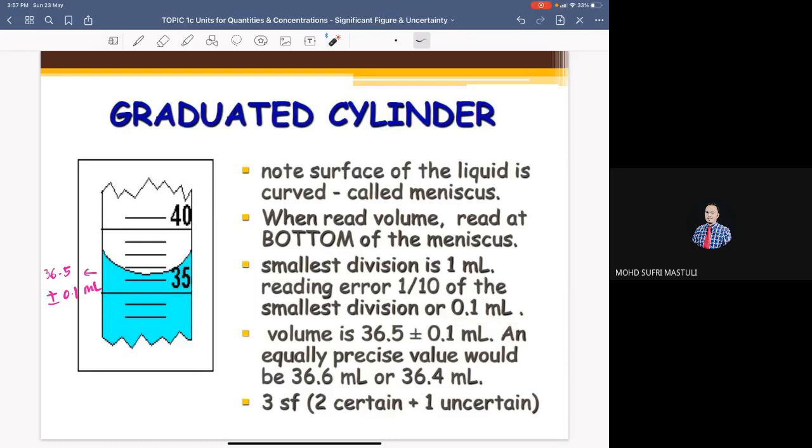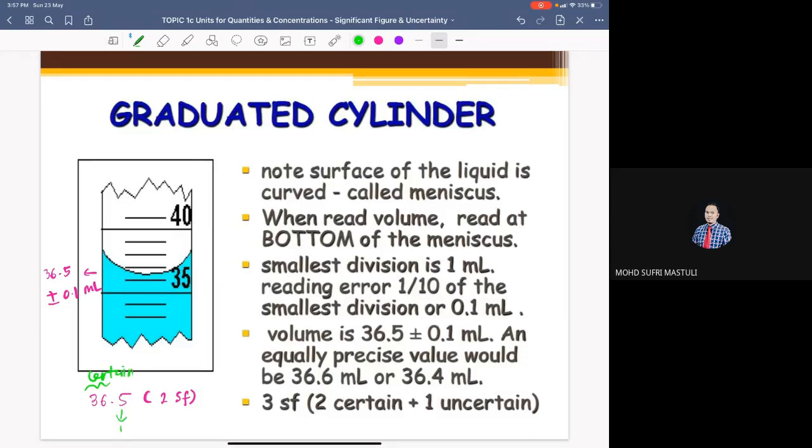We do the estimation. So it's three significant figures: 36.5. The 36 is certain, it is confirmed.